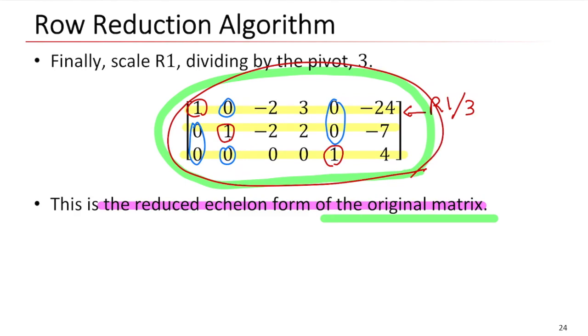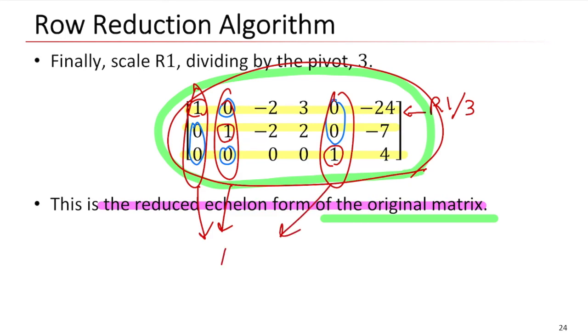In this case, this one is a pivot column, right? So in this case, we have the variables x1, x2, x3, x4, x5. What are the basic variables? The basic variables are x1, x2, x5.